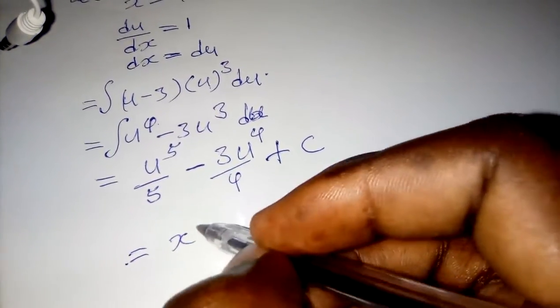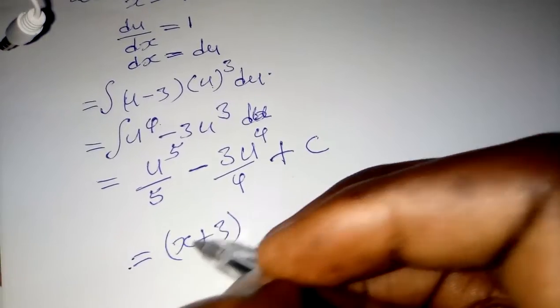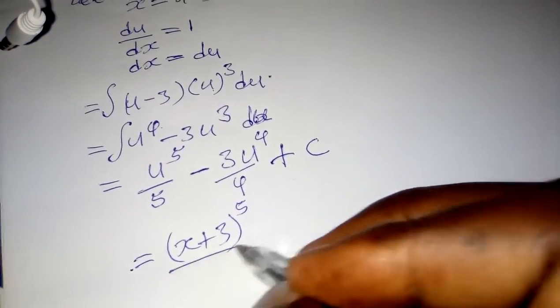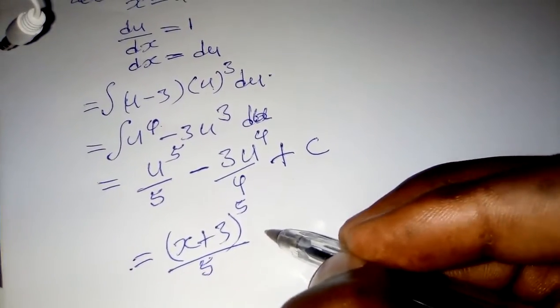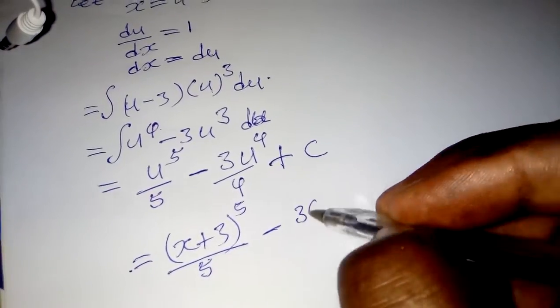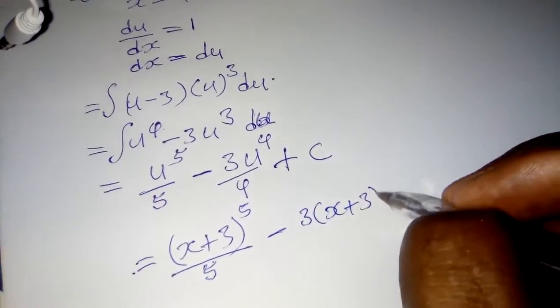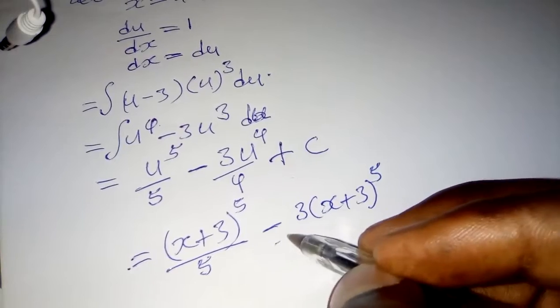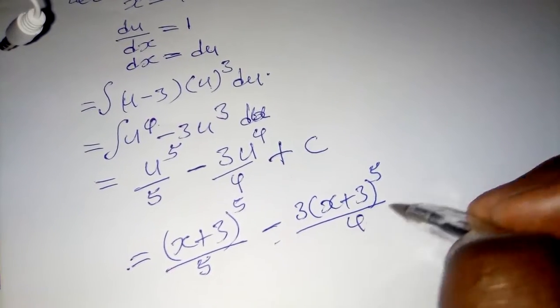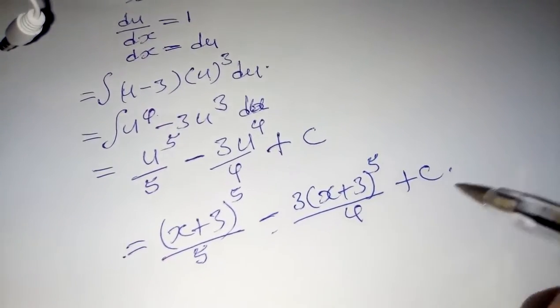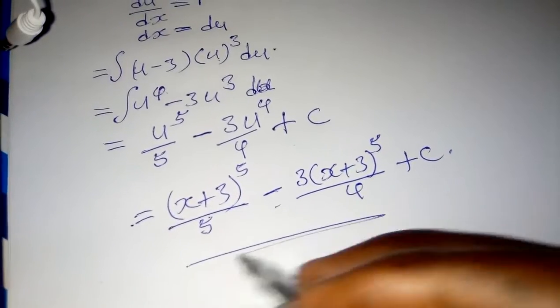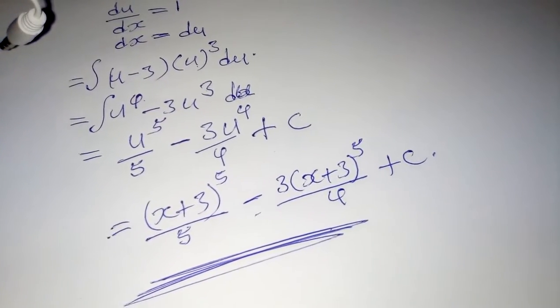Where there is u, I'm putting x plus 3 raised to power 5, then everything divided by 5, minus 3, and then I'm going to have x plus 3 raised to power 4, and then everything divided by 4, plus c. So this will now be my final answer.